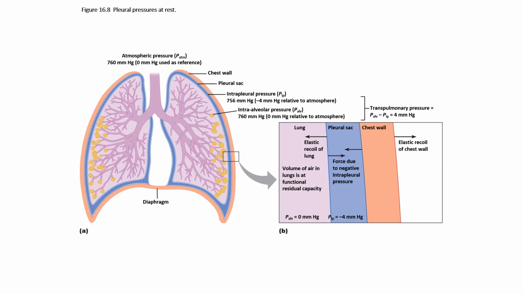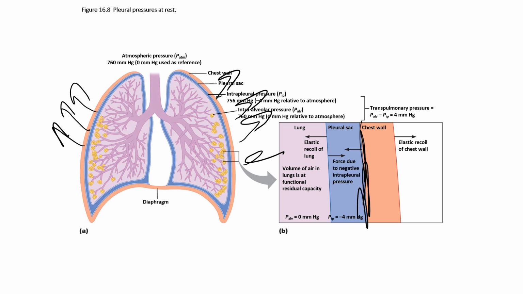When you begin to inhale, the external intercostal muscles contract, pulling the chest wall up and out. That pulls the parietal pleura, which attaches to the inside of the chest wall, further away from the visceral pleura, which attaches to the lung.